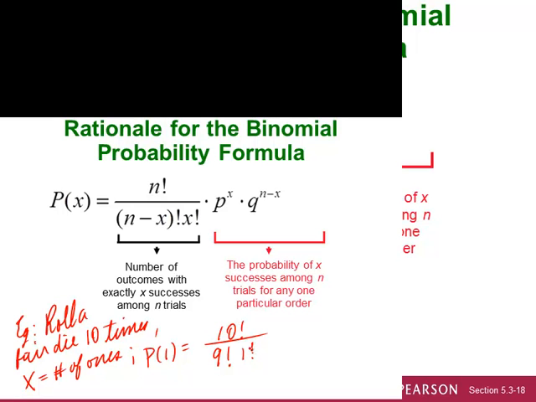So this right here will count the number of ways that I could have gotten one 1 out of 10 rolls of the die without respect to order.